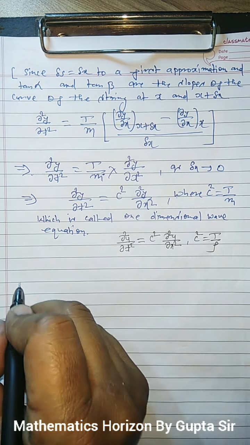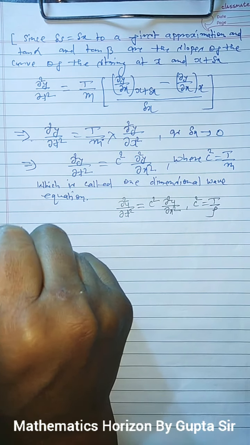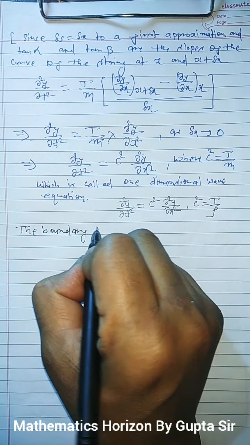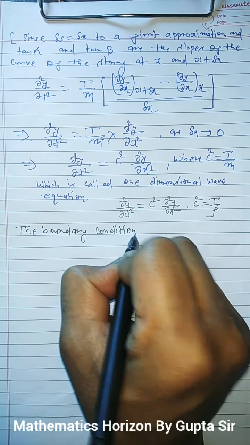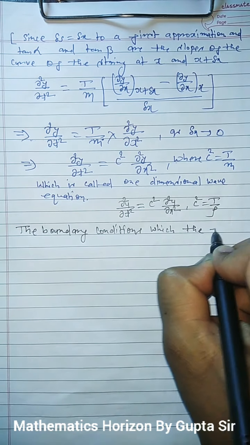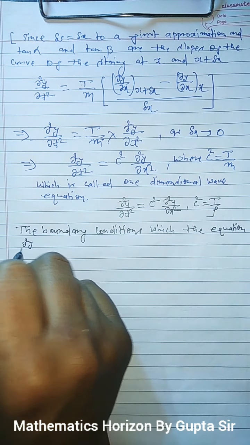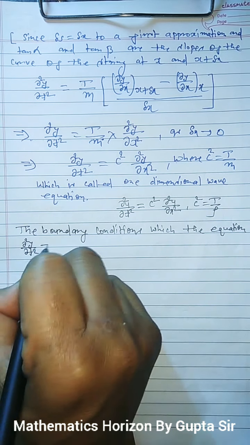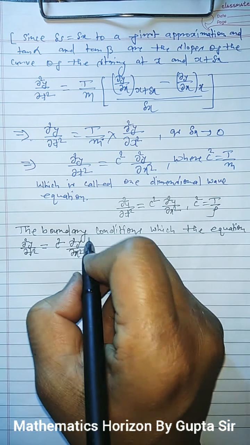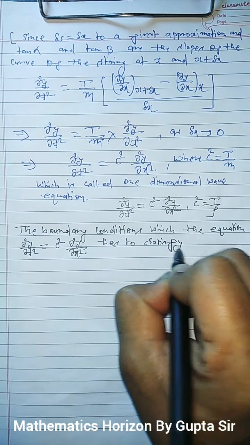now the boundary condition. Now what are the boundary conditions which the equation, this one-dimensional wave equation del square y upon del t square is equal to c square del square y upon dx2, has to satisfy?